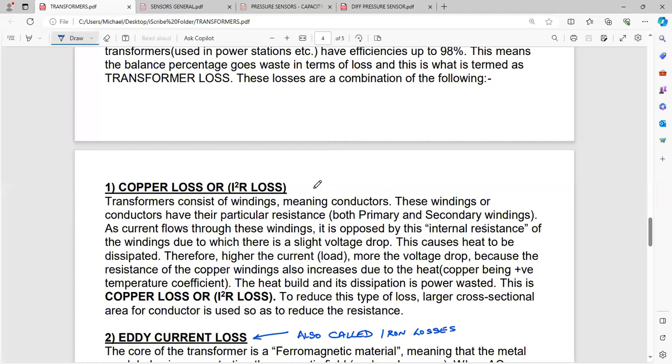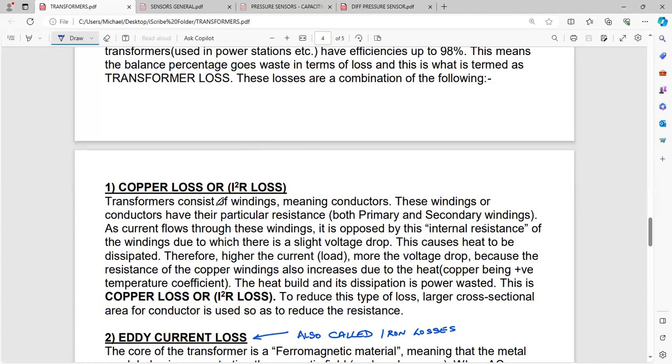Here, the resistor is nothing but the conductor itself. So this loss is called a copper loss because it is in the form of heat that is wasted. It's not doing any good work. It is just wasted energy. And because it is due to the current, I squared R, the more the current, the more the loss.